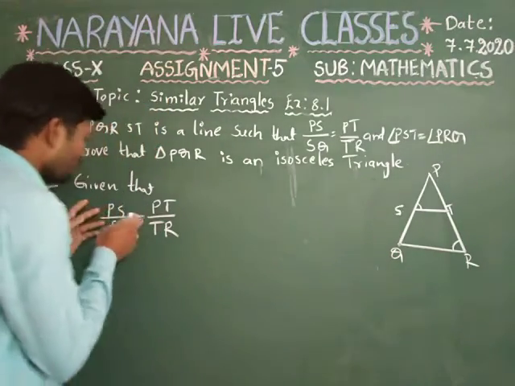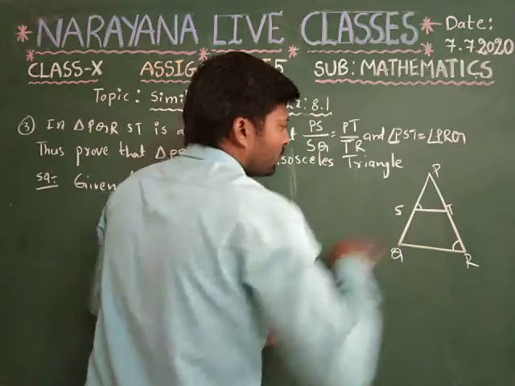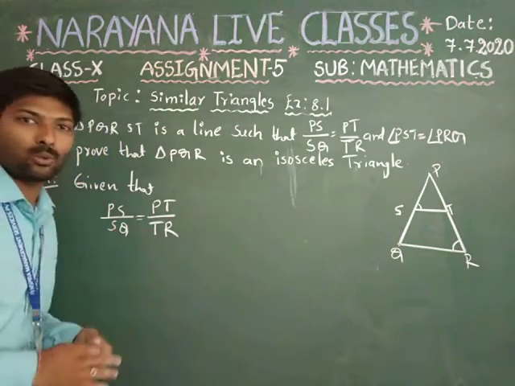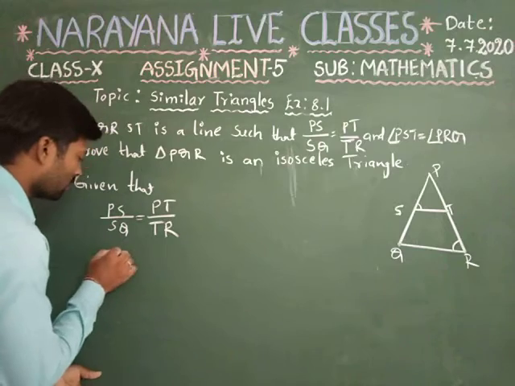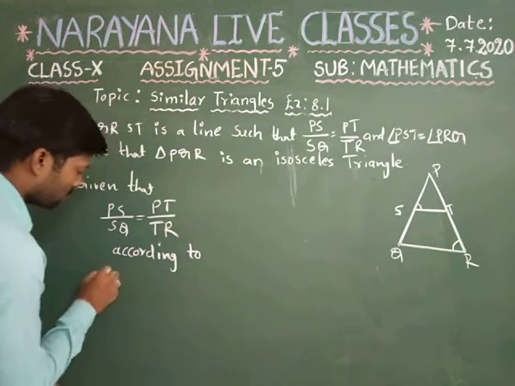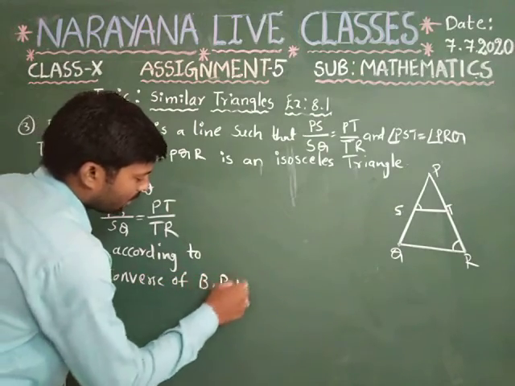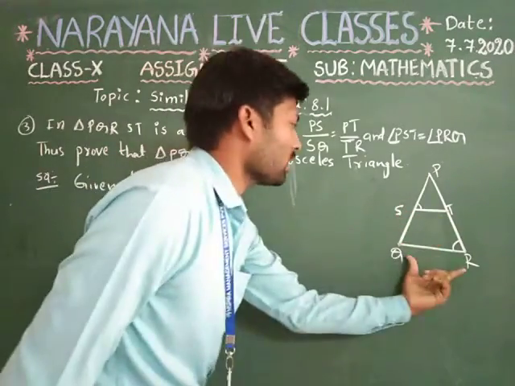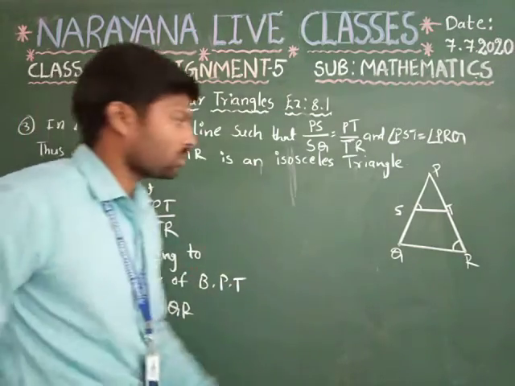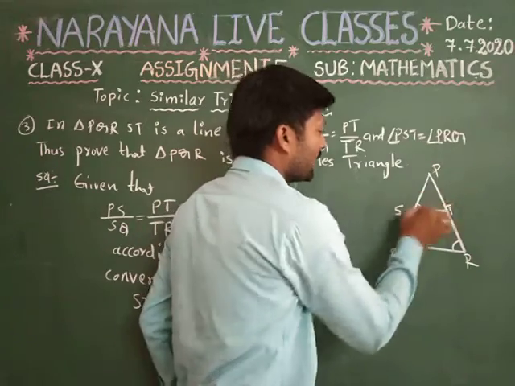This division is a line which divides the remaining two sides in the same ratio, so according to the converse of the basic proportionality theorem, I can say ST is parallel to QR.